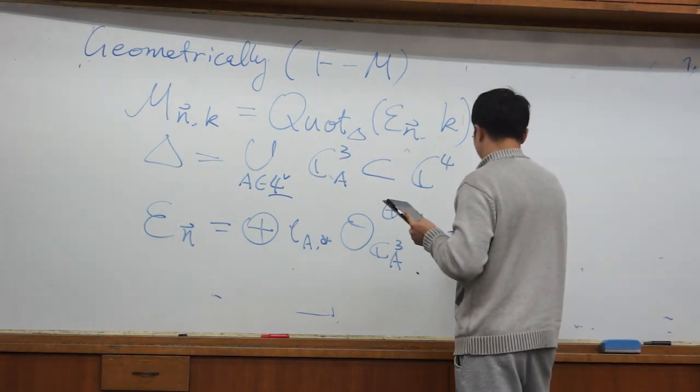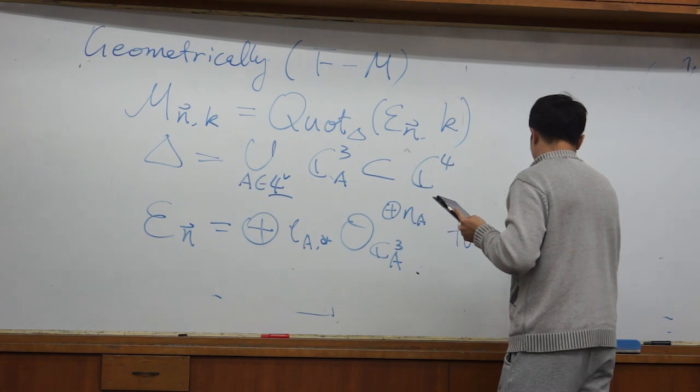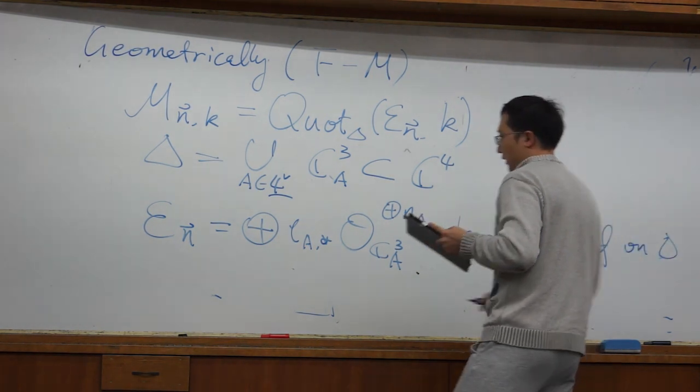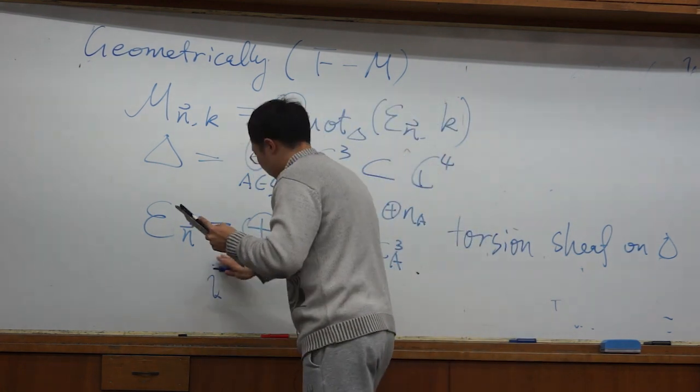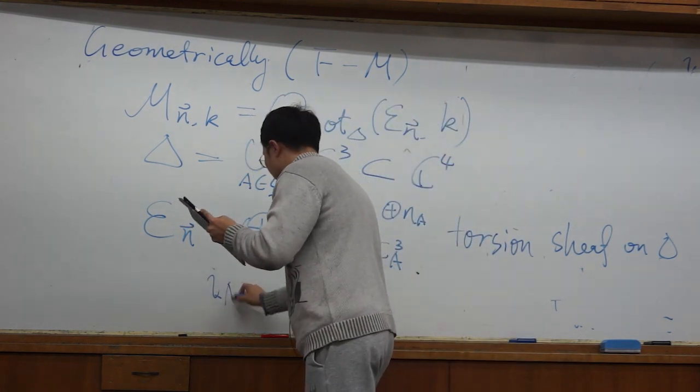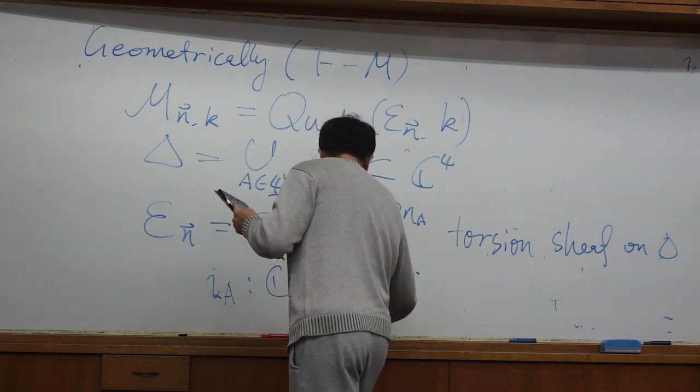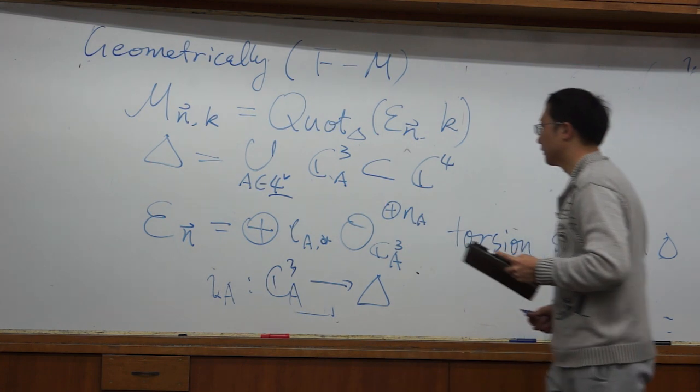So this is a torsion sheaf on Delta, and this iota is an inclusion map from the C^3 to our singular variety Delta. Okay.